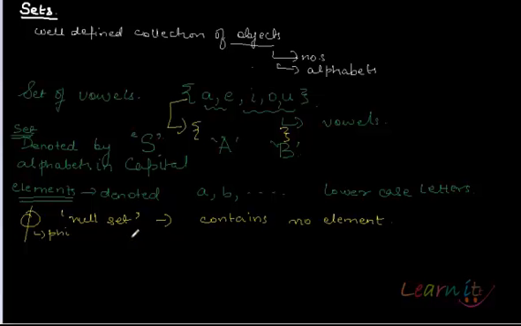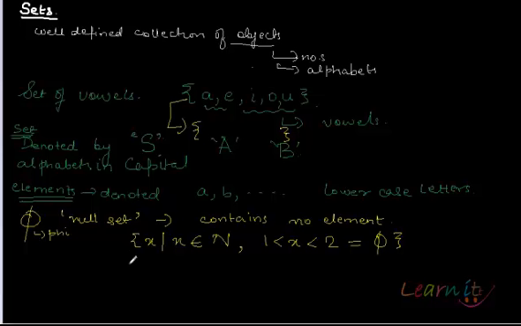Say you're looking at the set of all x such that x belongs to the set of natural numbers, and the property it has to satisfy is that it lies between 1 and 2. Now no natural number lies between 1 and 2, right? So this set equals phi.